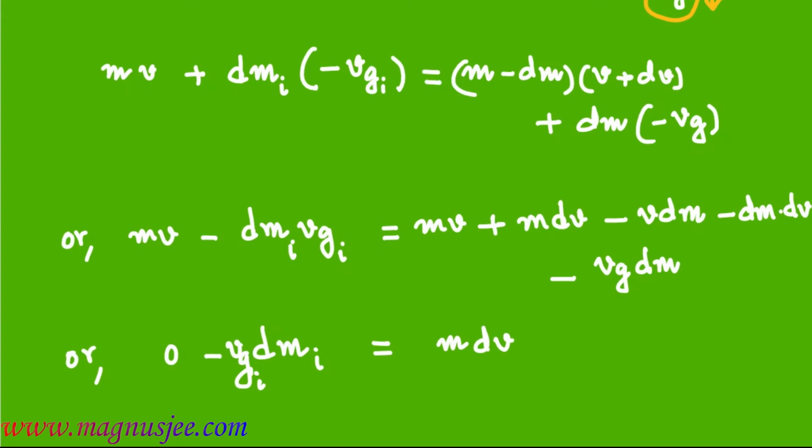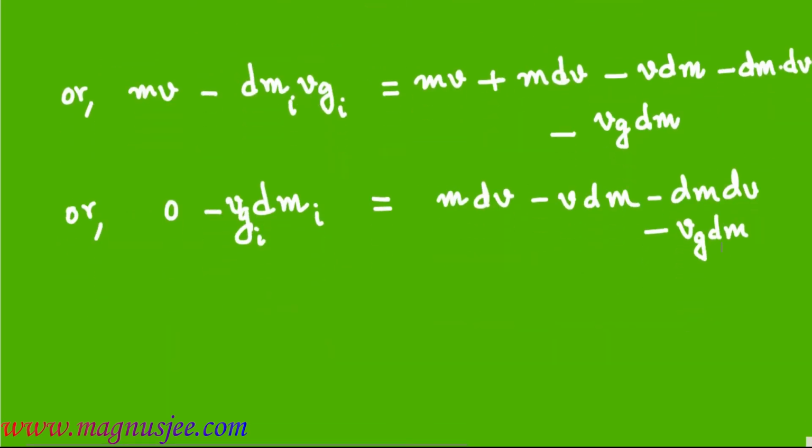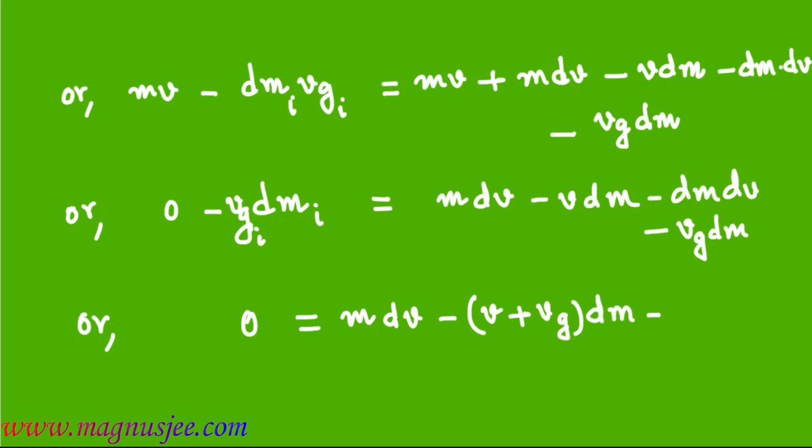Here dm is the small decrease in mass of the rocket, or the mass of exhaust gases released. So 0 equal to m dv minus (v plus vg) dm, where dm is taken common, minus dm dv.